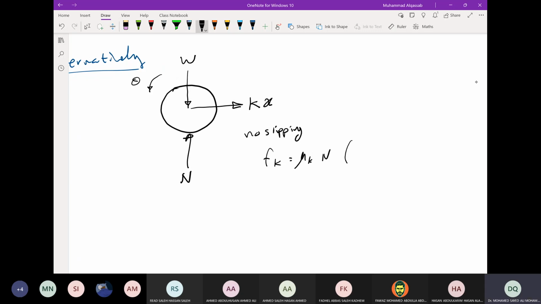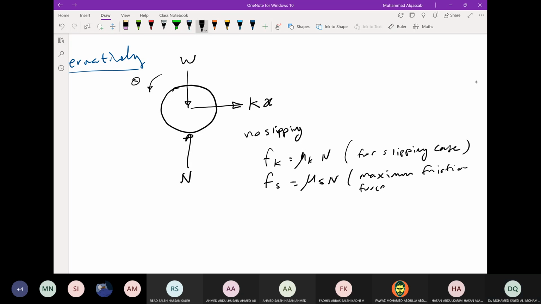Then there is the maximum, we call it static friction force, which is equal to mu s times N, the maximum friction force when the cylinder is about to slip.